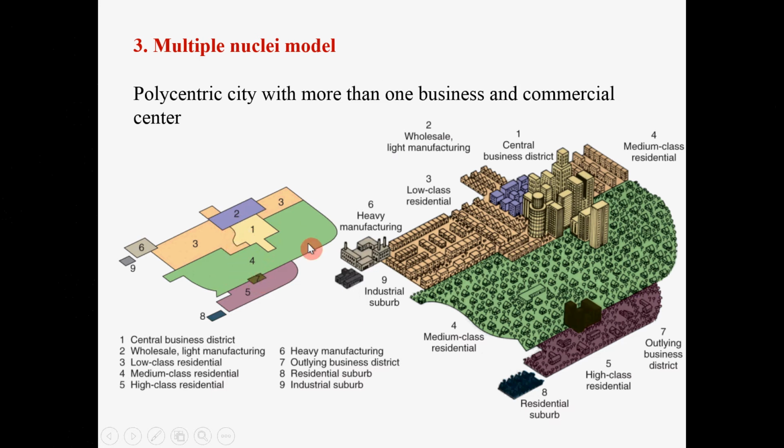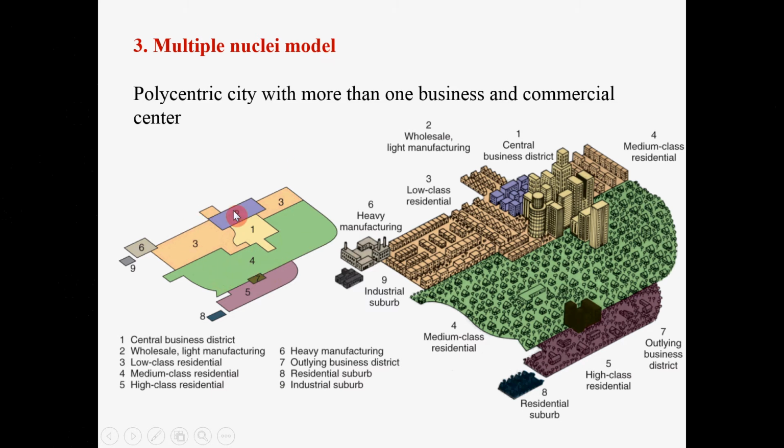For example, in this case, number 1 is the traditional CBD. Then number 7 is the outlying business district. The point here is that they have more than one business center, and that's why it is the multi-nuclei model.